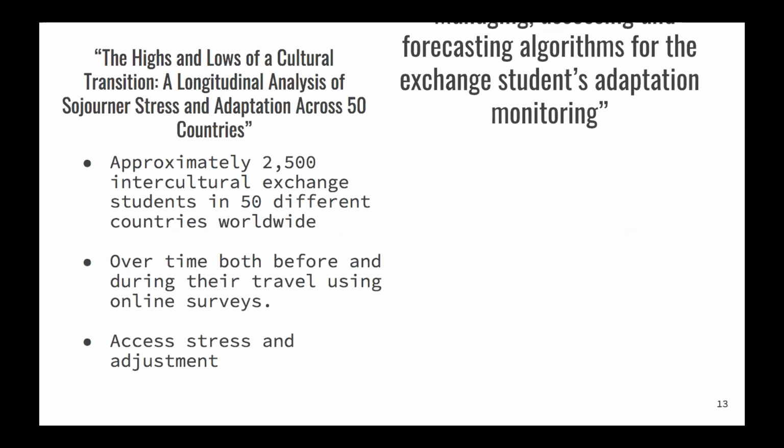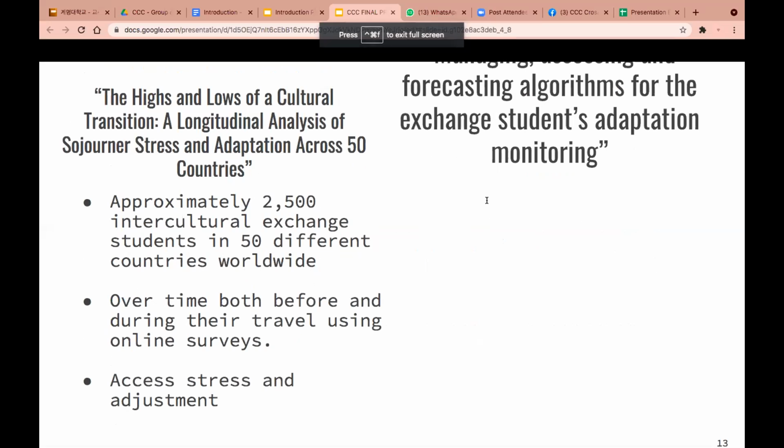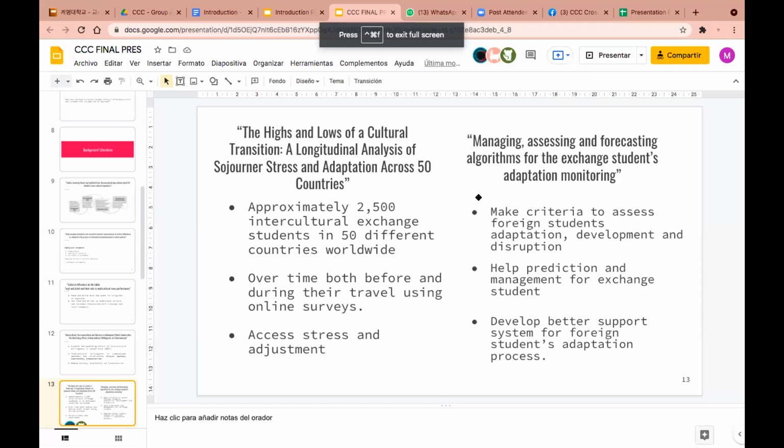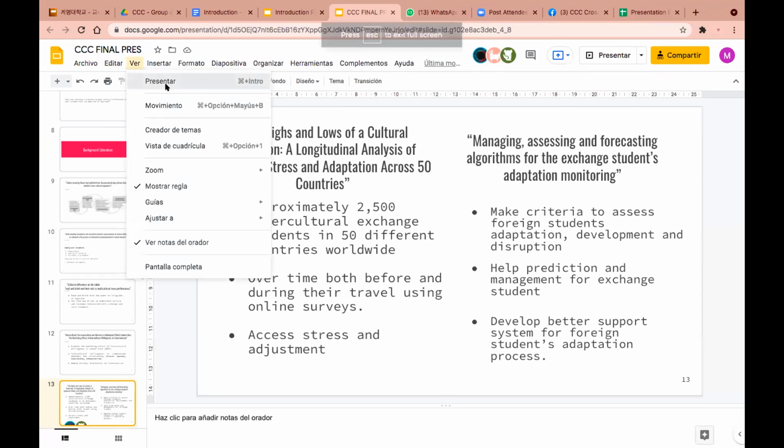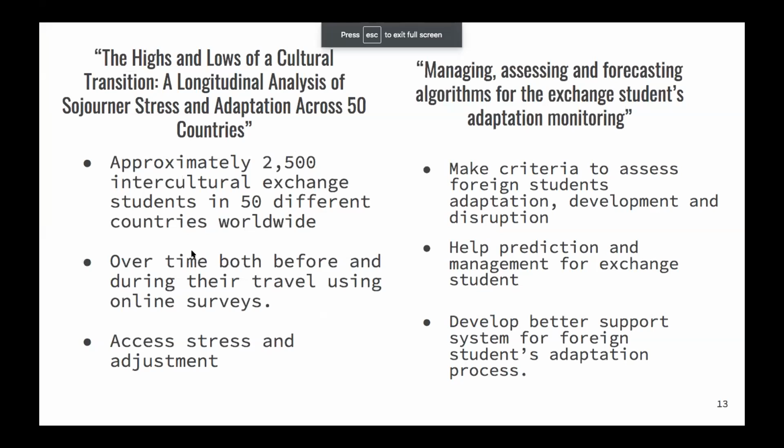And on the right one, similarly, it provides a nice assessment and criteria for foreign student adaptation and prediction as well. So yeah, it helps our development of a better support system for foreign students.